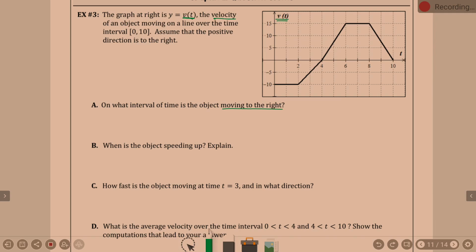So when is that happening? 4 to 10. So moving to the right, we're looking for when velocity is greater than 0. And that happens on the interval from 4 to 10. Yeah, 4 less than t less than 10. So v greater than 0 should be your information there, but if you need to write it off to the side, we're looking for when velocity is positive.